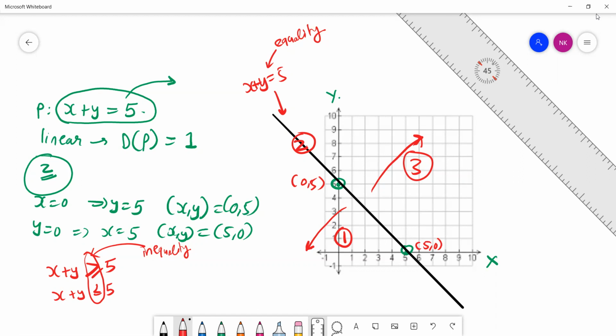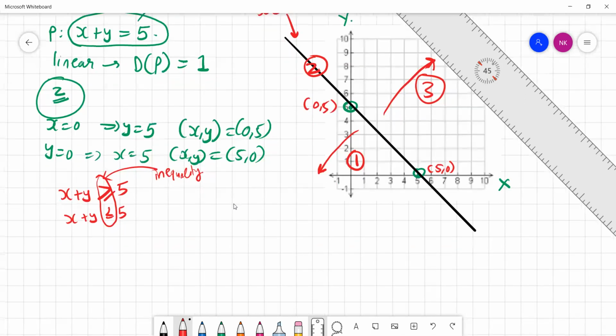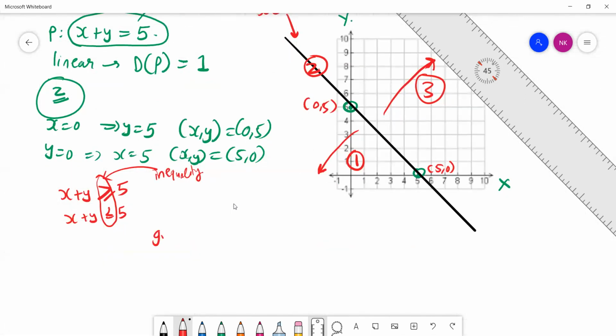So the entire graph is the collection of regions 1, 2 and 3. If I write it over here, the entire graph is region 1 plus 2 plus 3, the 3 regions.